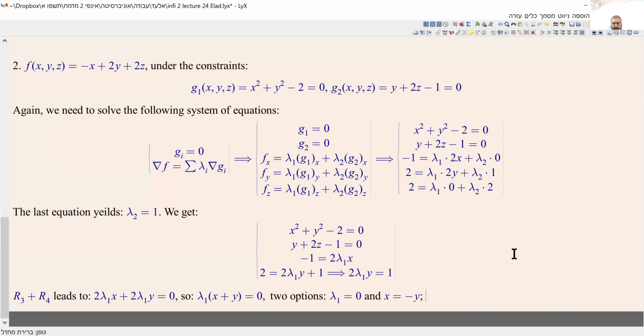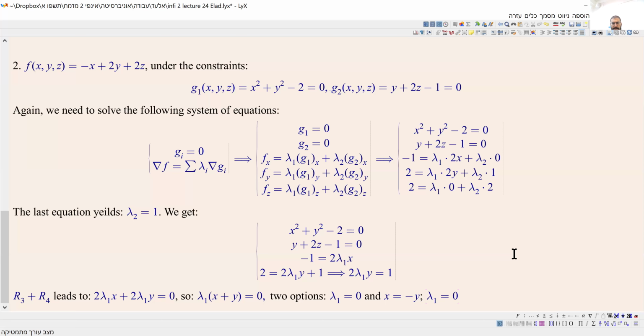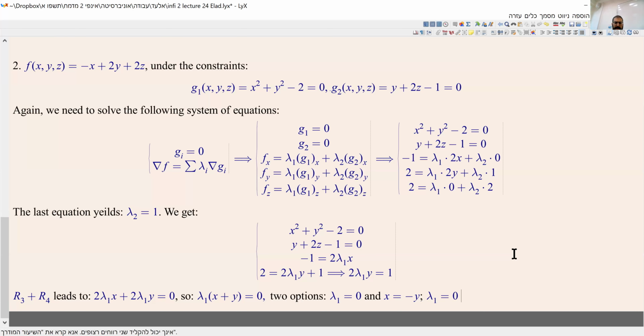Lambda 1 equals 0 leads to a contradiction in the third and fourth equation. So we are left with x is minus y. Okay, excellent.